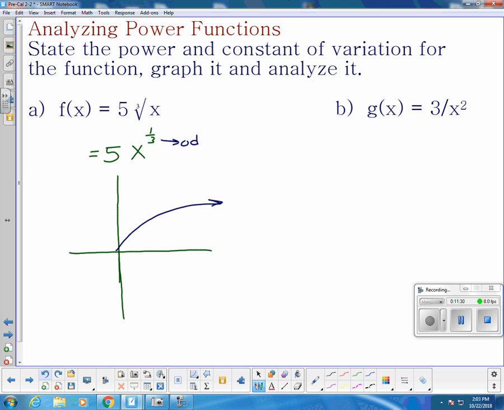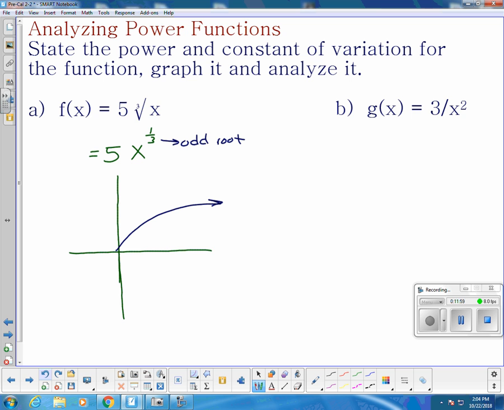If it's an odd root, you have stuff on the left. If it's an even root, the domain starts at 0 and goes to the side. That's just how it is. If you have a rational exponent, if the bottom is an even root, you cannot take the square root of a negative number. So negatives don't exist for even root functions. Okay? So this is an odd root. So we have things on the left side.